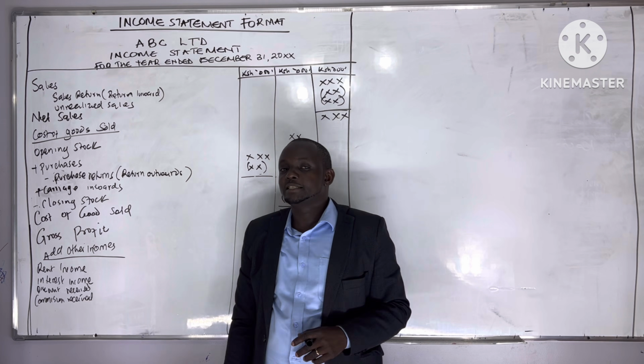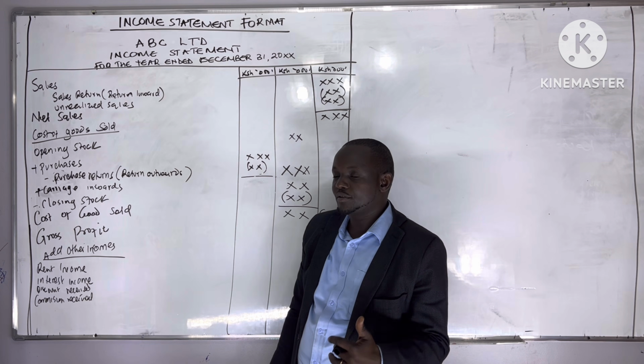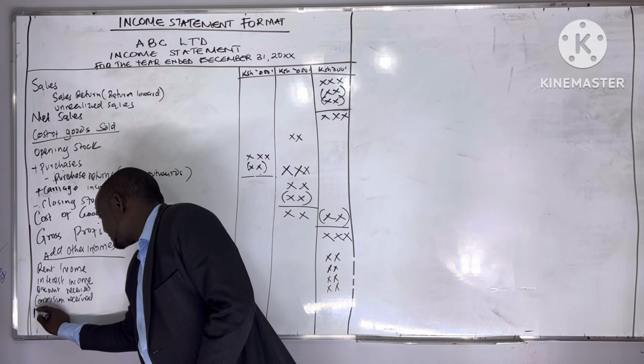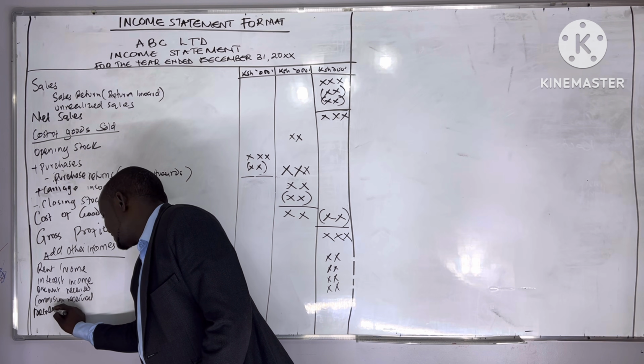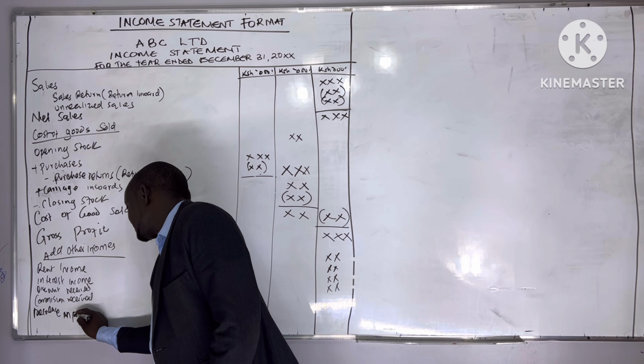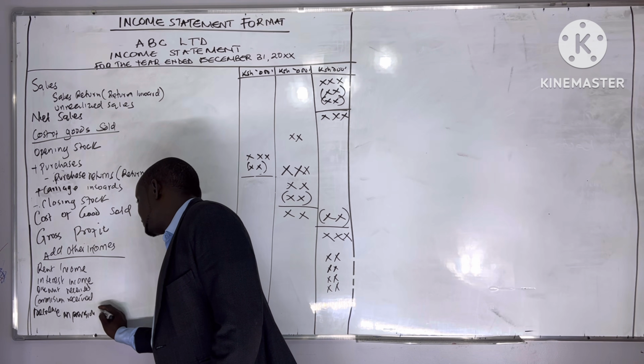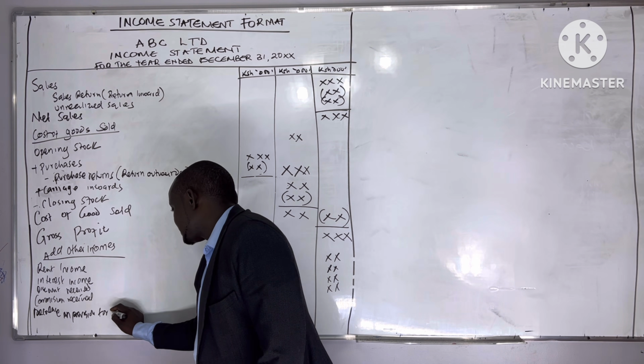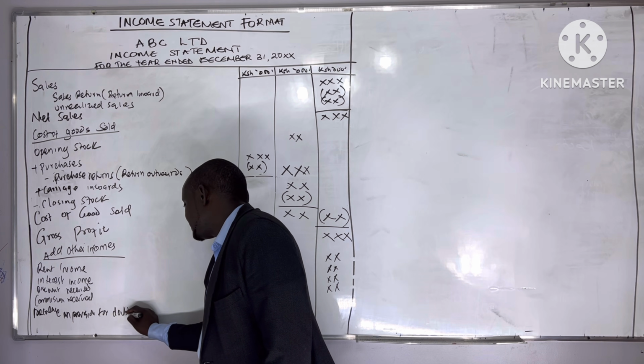Something else is decrease in provision for bad debts. This is one of the tricky things. Provision for bad debts, we can call them doubtful debts.